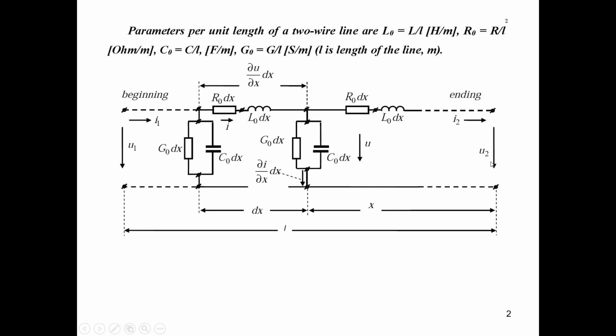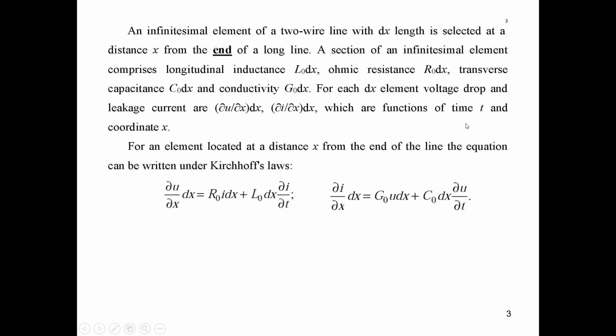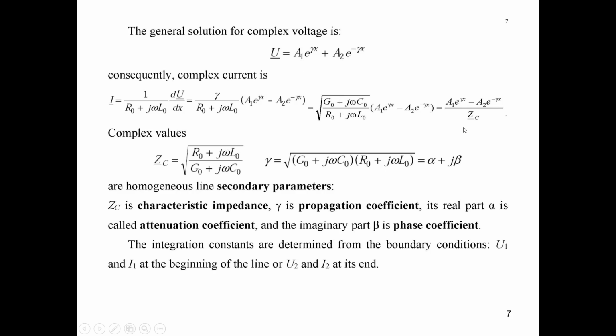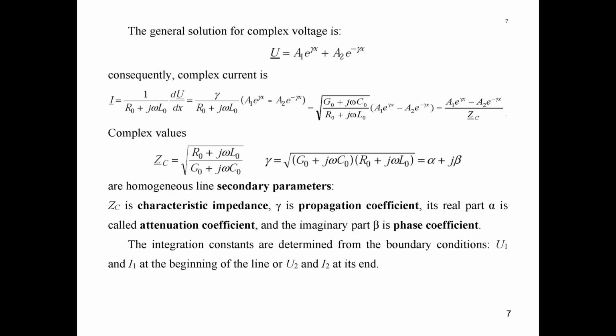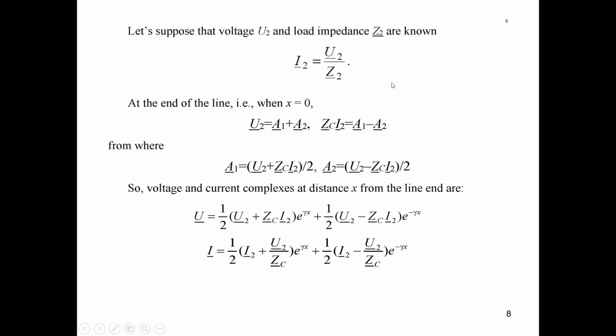Let's use u2 and i2 and consider that they are known. If u2 is known and the load impedance z2, the impedance of the load connected at the end of this line, is known, we can write down that I2 equals U2 over Z2. So both I2 and U2 are considered as known.